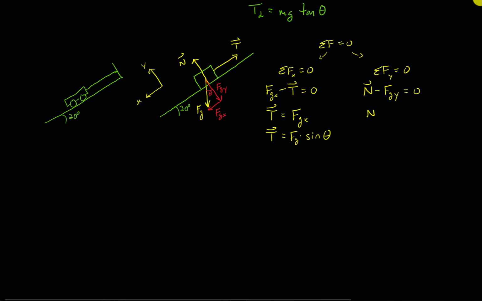Moving this over, we get the normal force is going to be the force of gravity in the y direction, and the force of gravity in the y direction from the triangle in our trig is going to be FG cosine theta. And from there, we can make up some numbers and plug them in. But that's the basic approach. So Newton's first law, components, and then we just solve for whatever we need. But know how to draw this picture, deal with this.